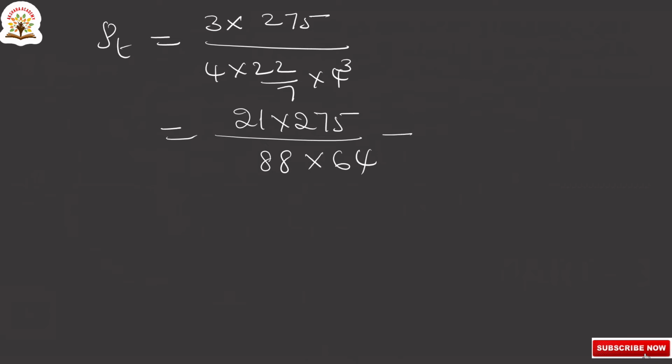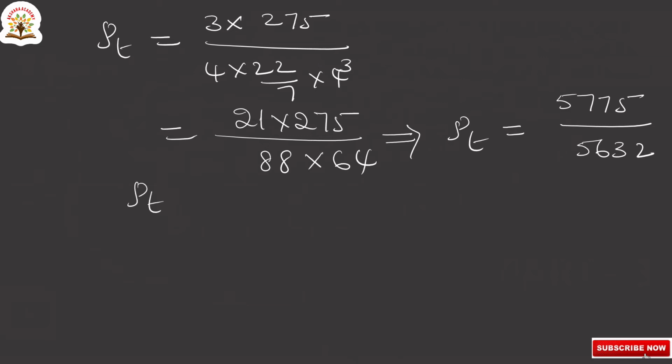So we are getting rho T is equal to 21 into 275, 5775 after multiplication, and next 88 into 64, 5632. So after this division we are getting rho T is equal to 1.025 gram per cc, cubic centimeter.